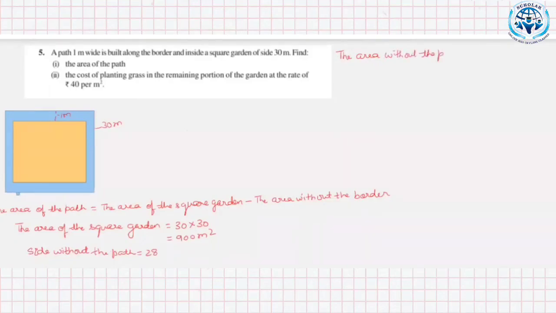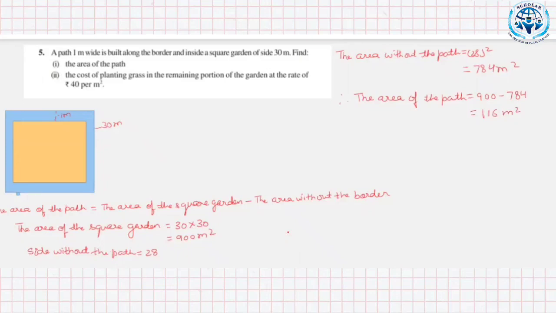That means the side is 28. The area of the smaller square shown here in the figure is 784 meters square. I hope by now you have understood the method of solving these type of questions. The area of the path or the border is 900 minus 784, that is 116 meters square.